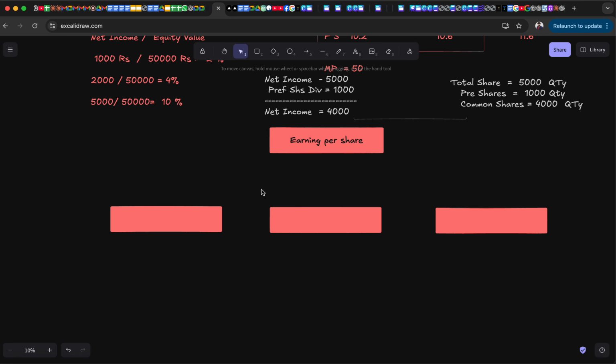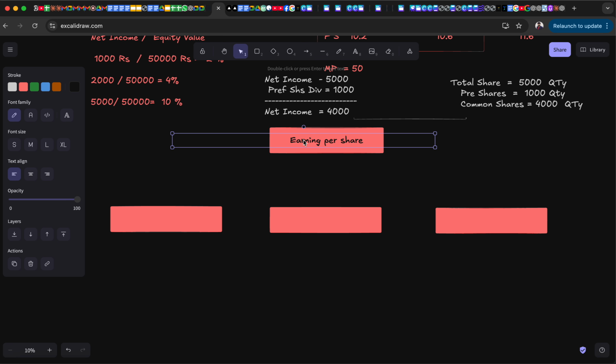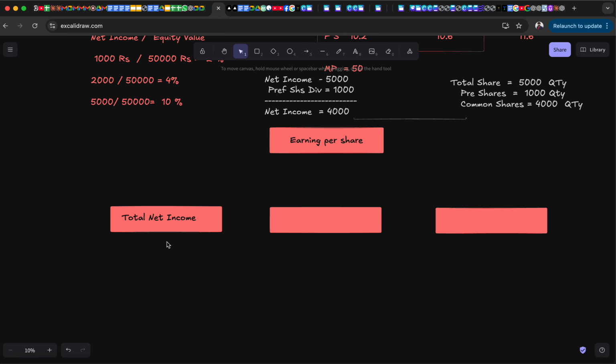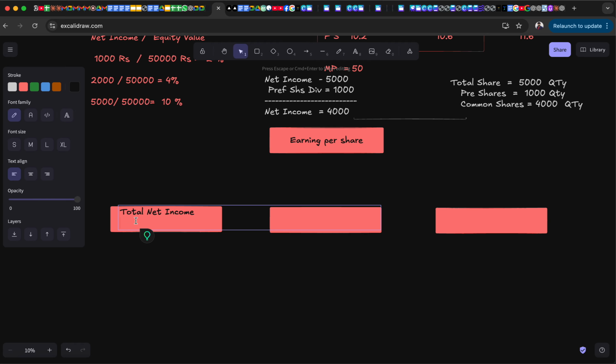So since we know the income, we know the preference shareholders' total dividend amount, and we have the net income after deduction of preferred dividends, let's calculate it now. Net income, total net income, which as per this example is 4,000 rupees.